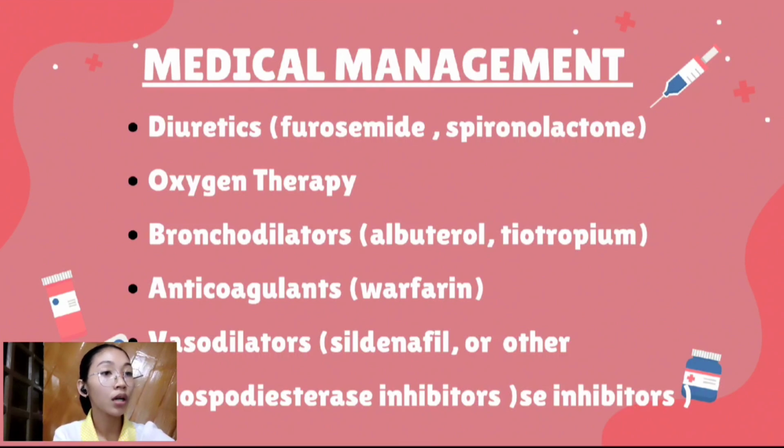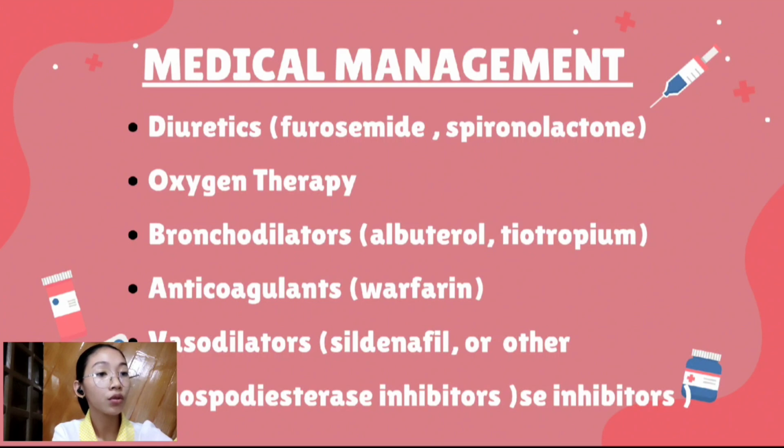Warfarin or newer oral anticoagulants may be used to prevent blood clot formation, especially in cases where there is an increased risk of thromboembolism. Lastly is the vasodilators. In some cases, vasodilator therapy such as sildenafil or other phosphodiesterase inhibitors may be considered to reduce pulmonary vascular resistance.